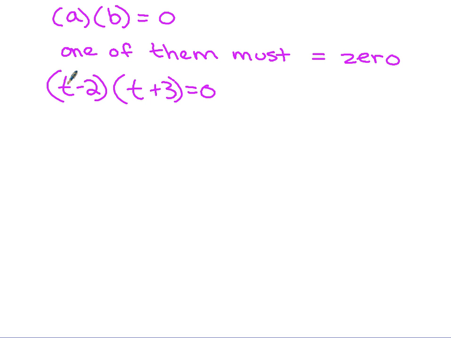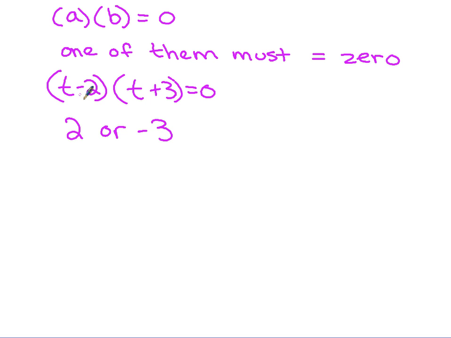Well, if I put a 2 right here for t, 2 minus 2, isn't that 0? And if I put a negative 3 right here, negative 3 plus 3, isn't that 0? So what values of t will make this true? 2 or negative 3. Those are your solutions.